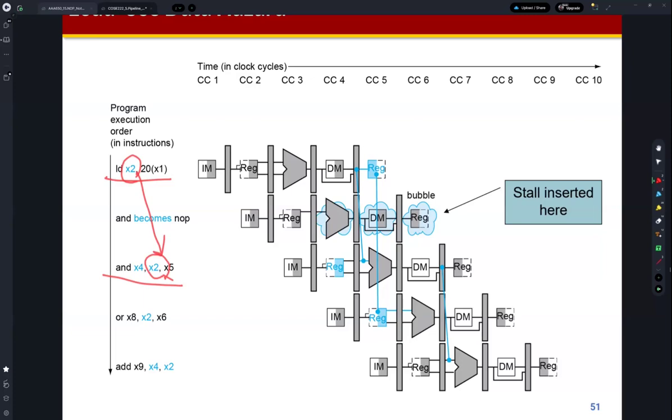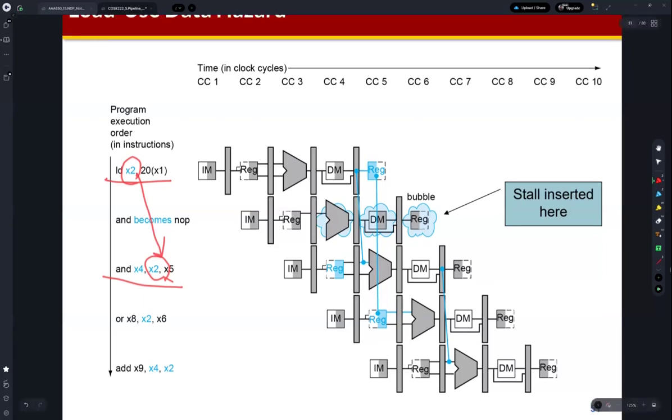Then this add instruction can receive data from the load instruction by data forwarding from the write back stage, right? When the load instruction is in the EX stage, the add instruction is fetched.